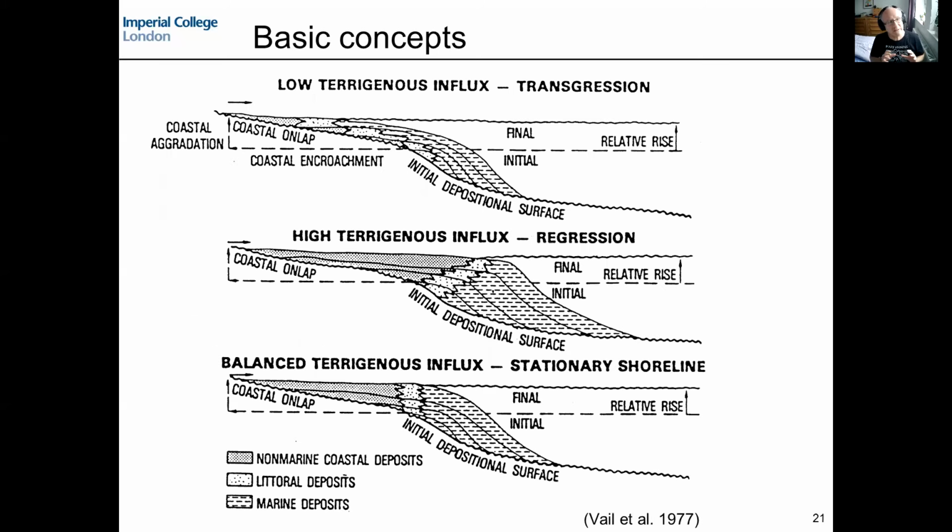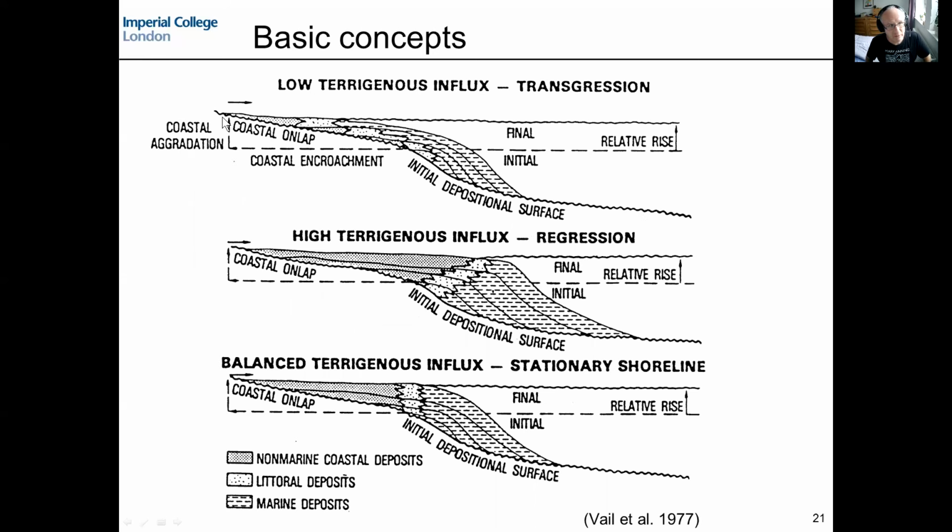Okay, so we're going to start off keeping things relatively simple and think about shallow marine settings. And these three images here are three cross sections. On the left, we're at the landward side or near the basin margin. As we move towards the right, we're moving towards the center of the basin into progressively deeper water.